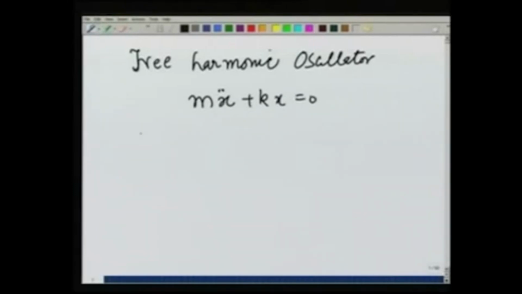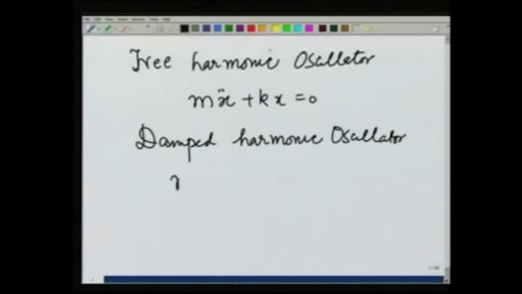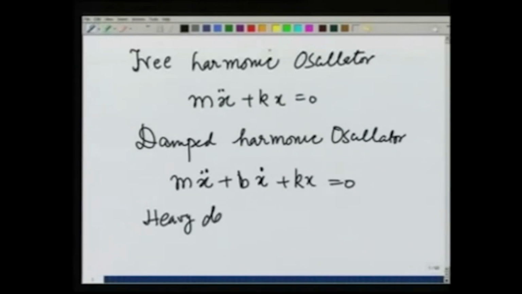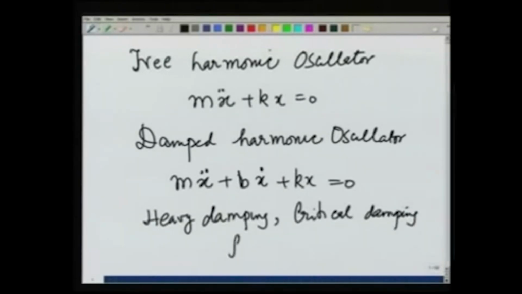Then we looked at a damped harmonic oscillator where there was some damping proportional to the velocity, and the equation of motion was like this. We defined the quality factor, looked at this damped oscillator in the region of heavy damping, critical damping, and light damping.